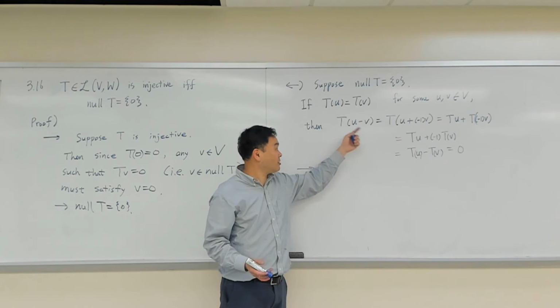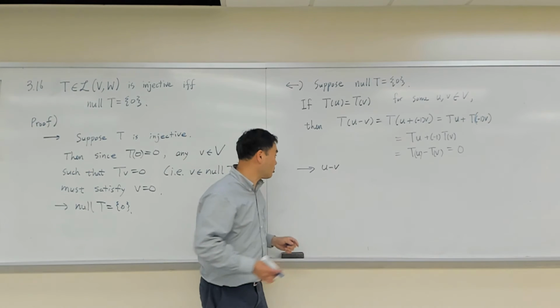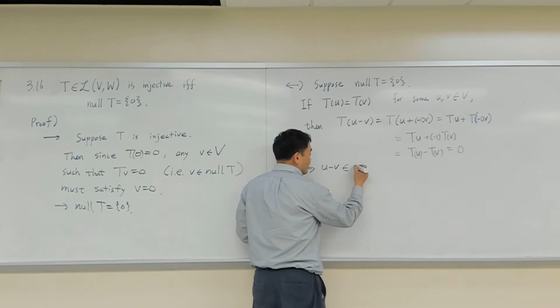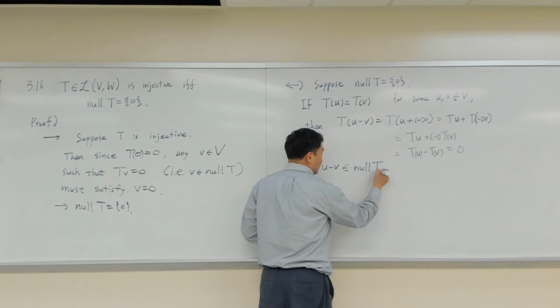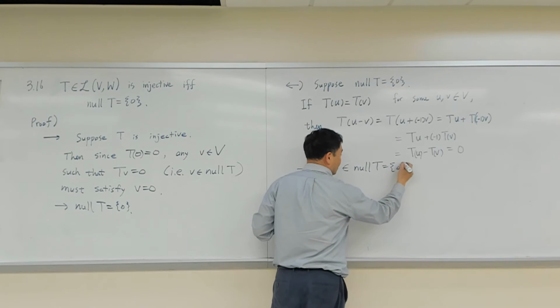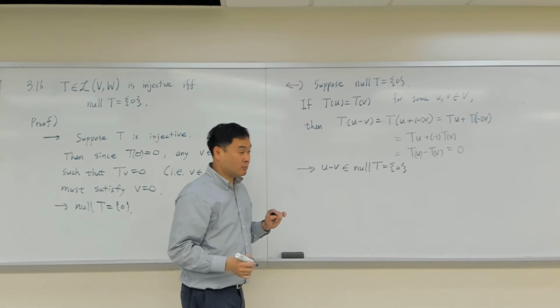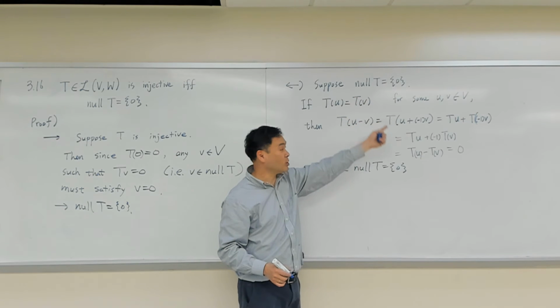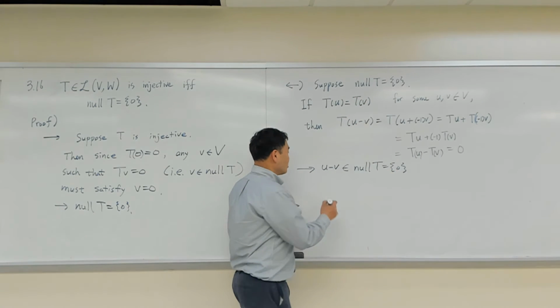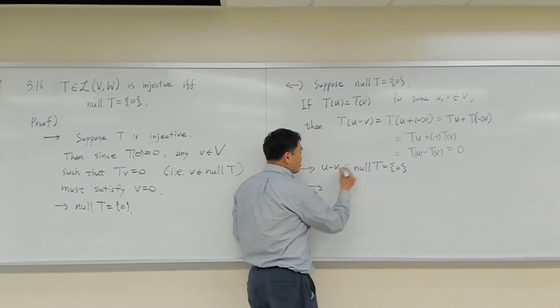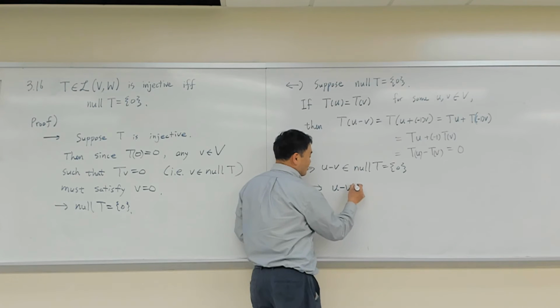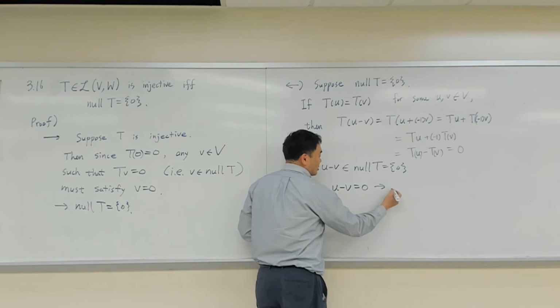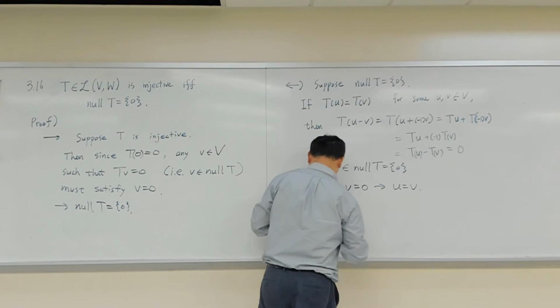Anything that you apply T and you get 0, that means it's in the null space. So we found that this is in the null space, but that's 0. That's our assumption, right? It's a trivial space. So the only way that this is in the null space is when u minus v is 0. But if u minus v is 0, then u is equal to v.